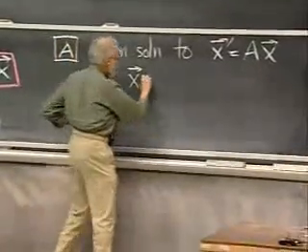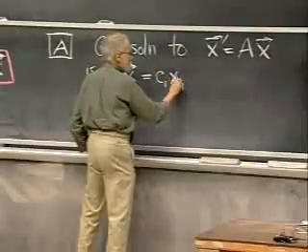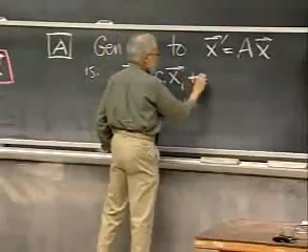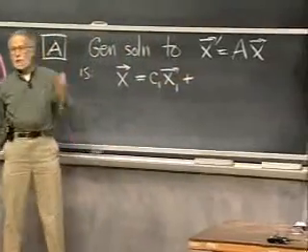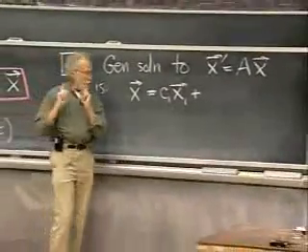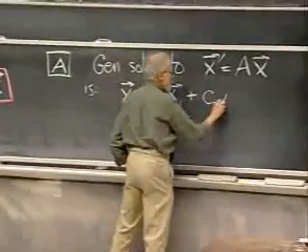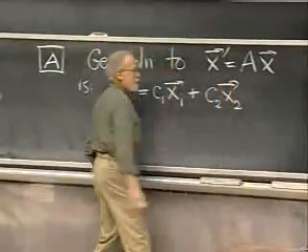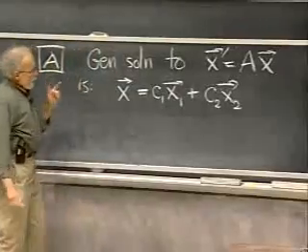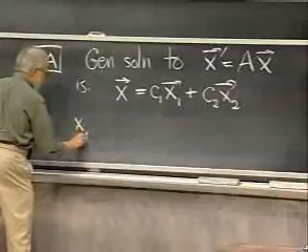It's a linear combination with arbitrary constants for the coefficients of two solutions. In other words, to find the general solution, you put all your energy into finding two independent solutions, and as soon as you've found them, the general one is gotten by combining those with arbitrary constants. So the only thing to specify is what the x1 and the x2 are.